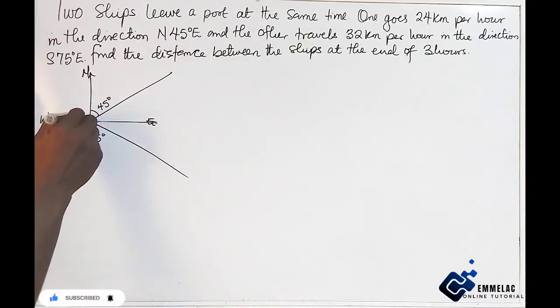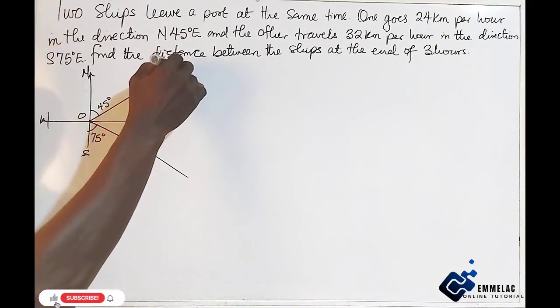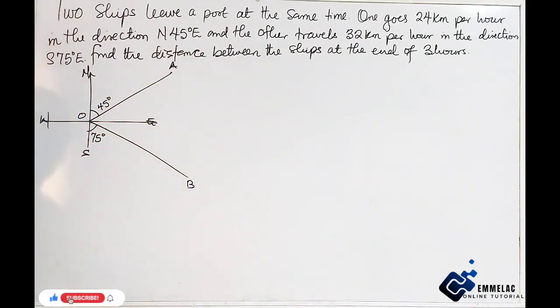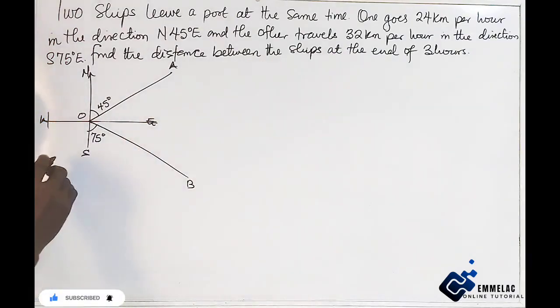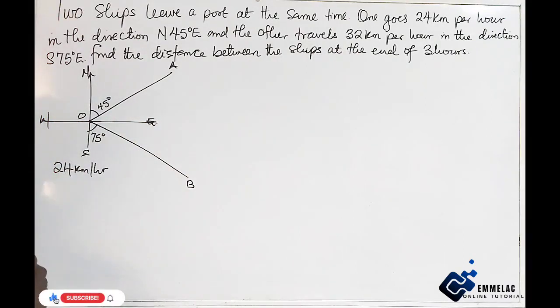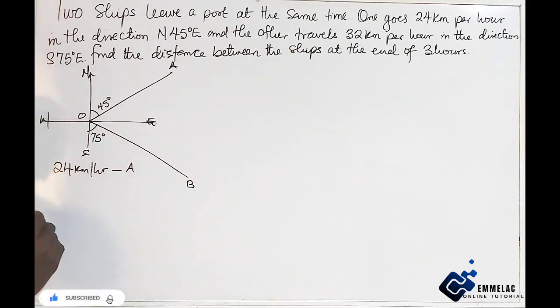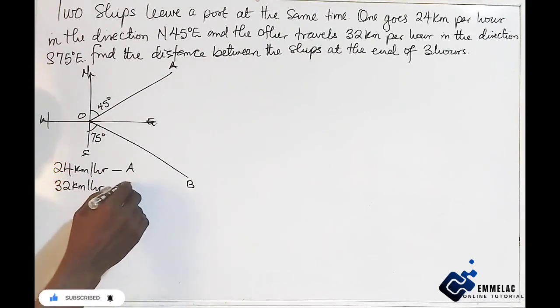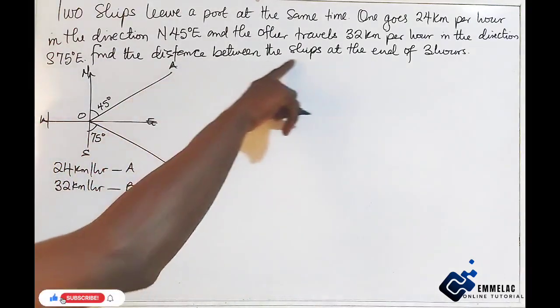Let us identify the starting point as O, then let us make this one A, and let us make this one B. The speed at which the first travels is 24 km per hour, and the other one travels 32 km per hour.